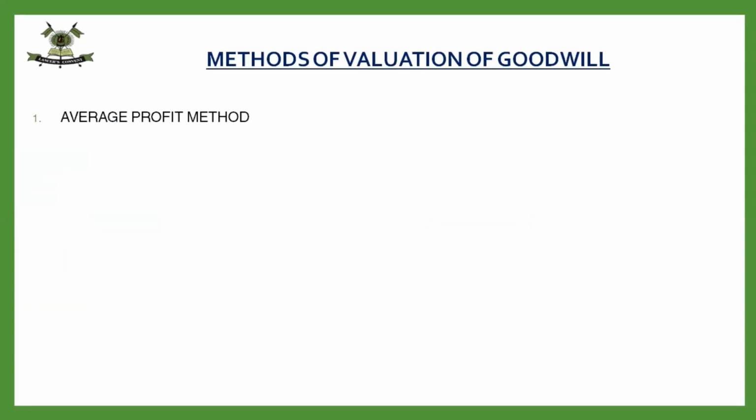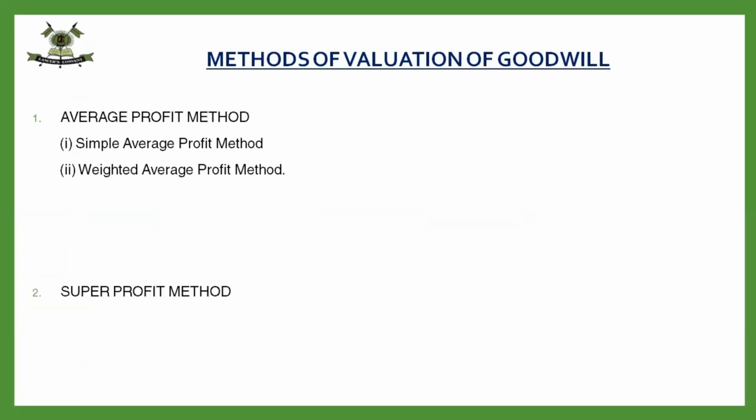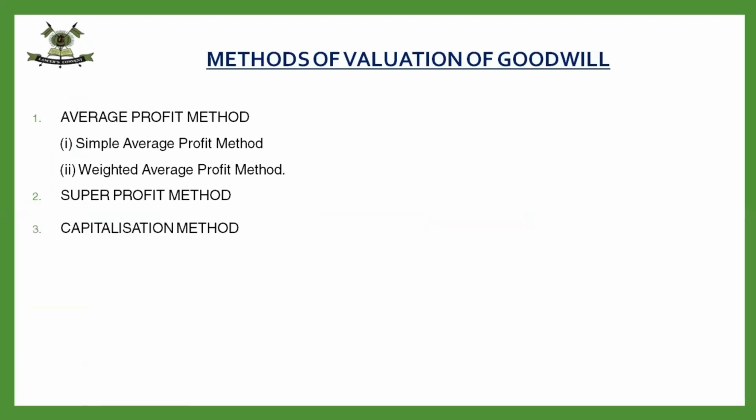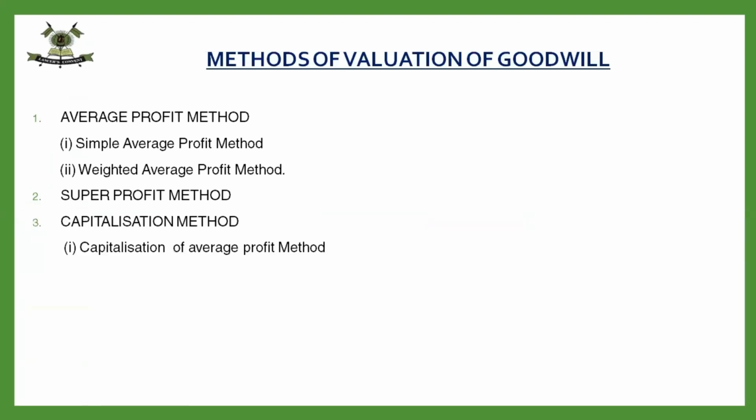One was simple average, then weighted average. Then the second was super profit method, and the last was capitalization method, capitalization of average profit and capitalization of super profit.